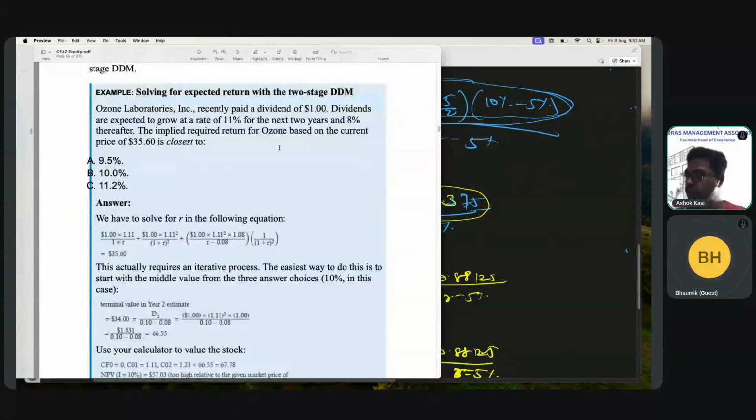Solving for expected return with the two-stage dividend discount model. Just go through this.